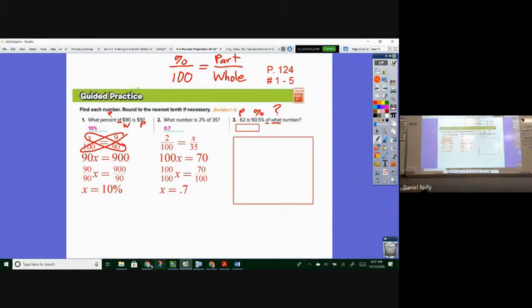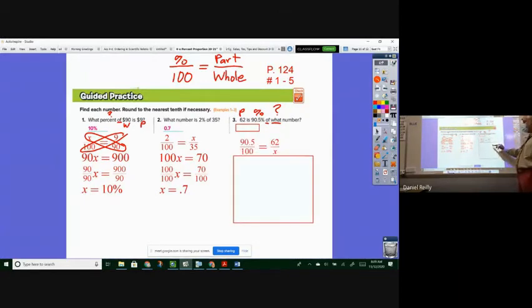And you should be done now. Here's what this one's supposed to look like. Your percent proportion then is 90.5 over 100 equals 62 over X, or W. You can put a W in here instead because you're looking for the whole. Okay, cross multiply, 90.5 times X equals 6,200.